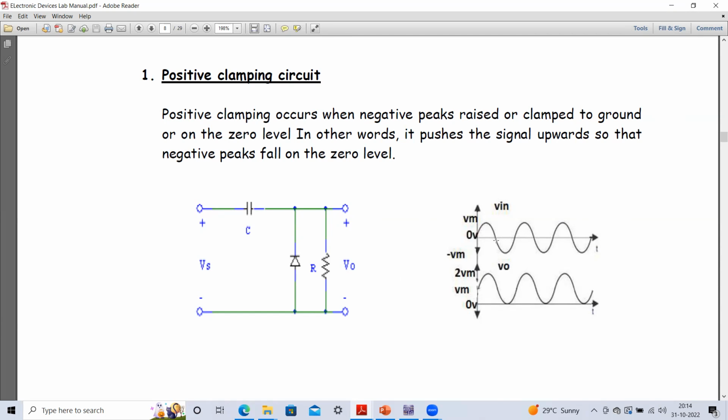So if you start with this negative half cycle, you can find that when it is 0 volt, initially when it is increasing, then whenever it is a peak value, here you can see that when we are having this negative half cycle, at that time you will start writing the KVL expressions.